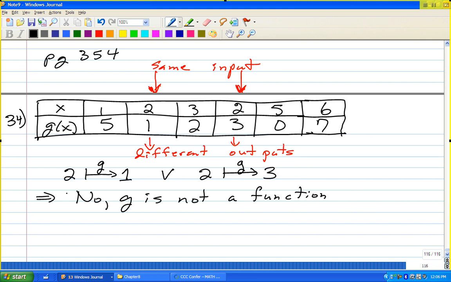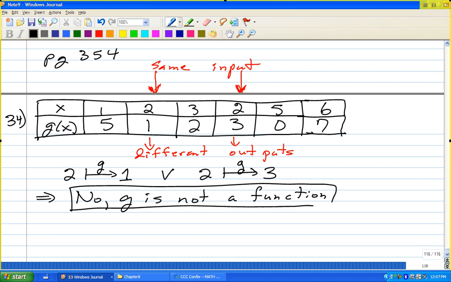You want a unique output. So no, this is not a function because in the set of ordered pairs, you have the ordered pair 2, 1, and you have the ordered pair 2, 3.